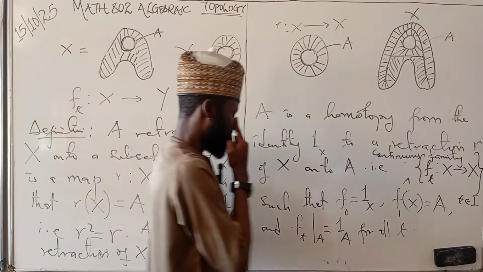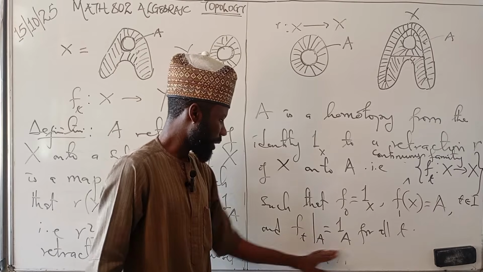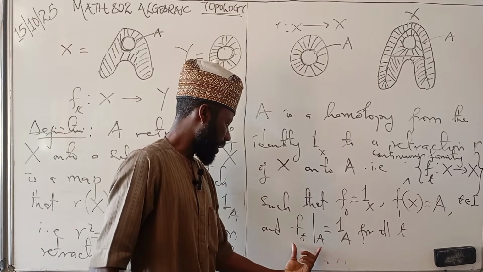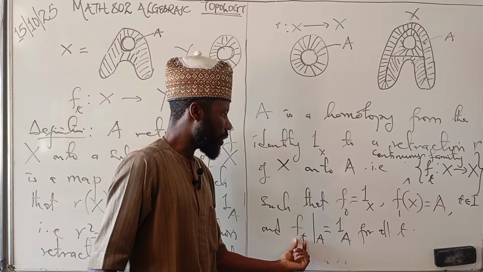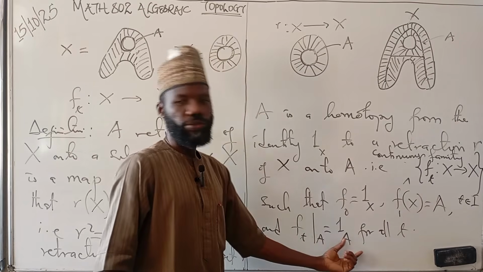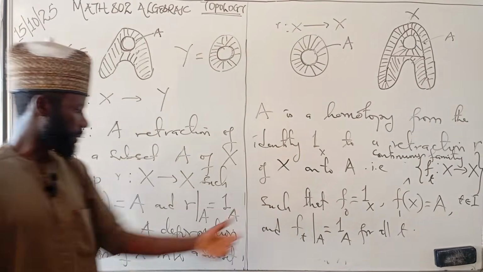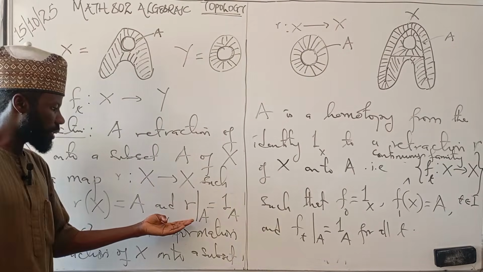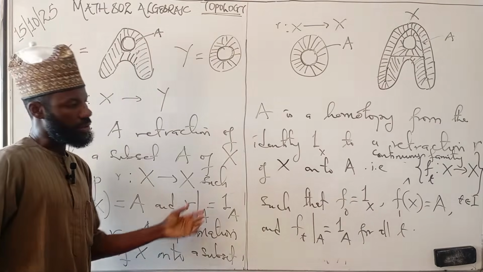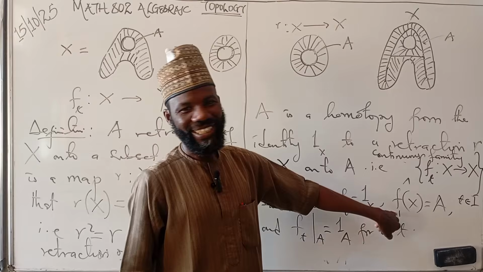What we have mentioned here says that all the continuous mappings in the family are fixing A, not only the last one. Actually, the definition only requires the last one, because it's a homotopy from the identity to a retraction.